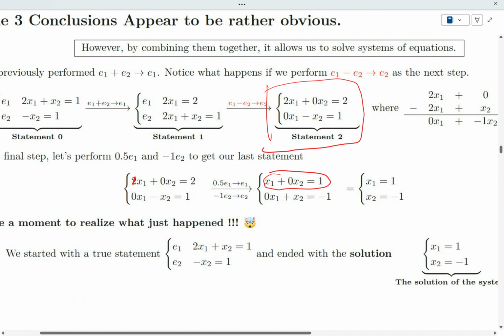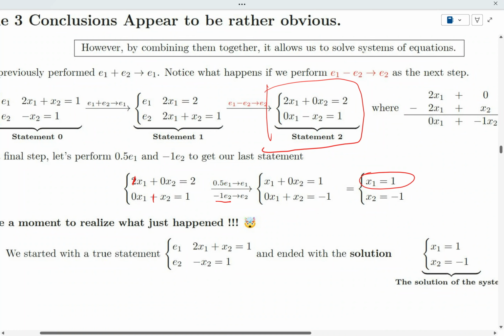And then what I do is I multiply E2 by -1. So we end up getting this statement. And the key to realize is that this statement, x1 plus 0x2, is equivalent to x1 equals 1.